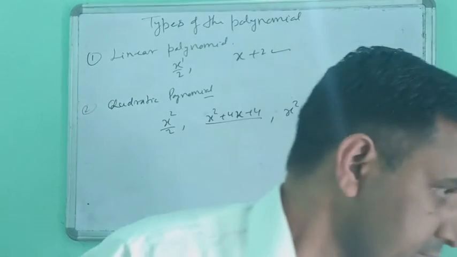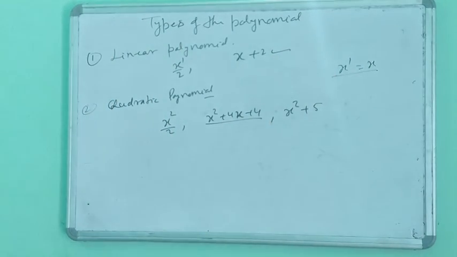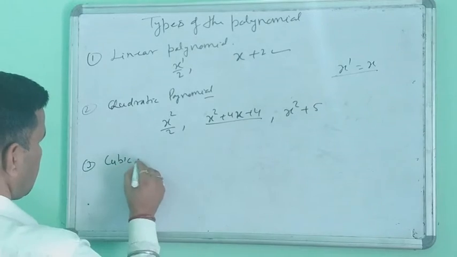Next, the third form is the cubic polynomial. A cubic polynomial means the exponent is 3.